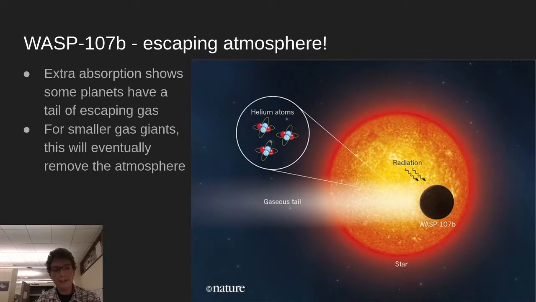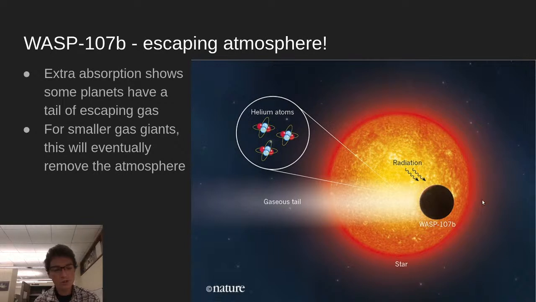One of the other cool things that this kind of transit transmission technique can do is look at atmospheric escape. So this is an example from the hot Jupiter WASP 107b. Astronomers looked at WASP 107. They saw the transit. They saw some absorption during the transit.